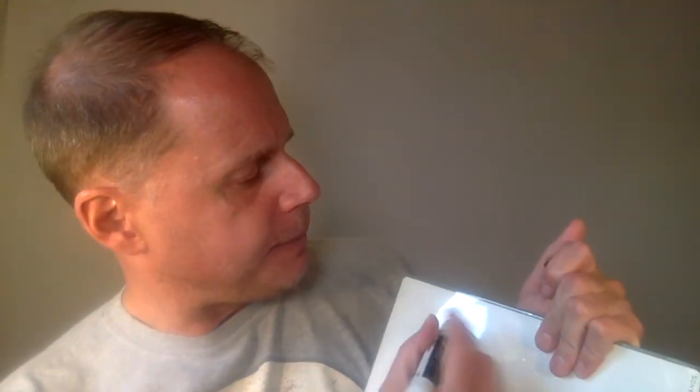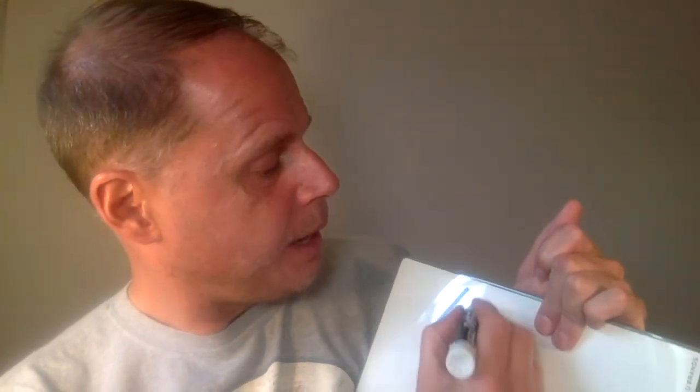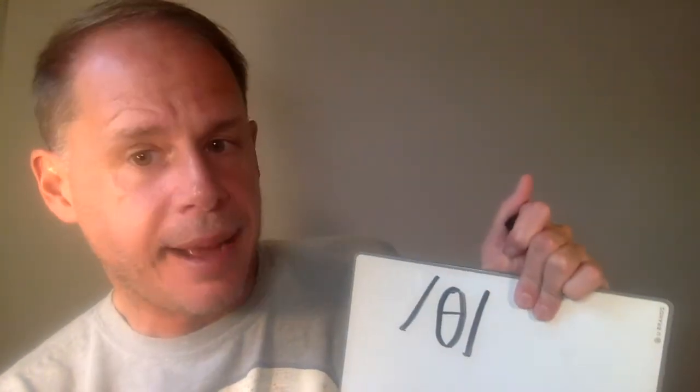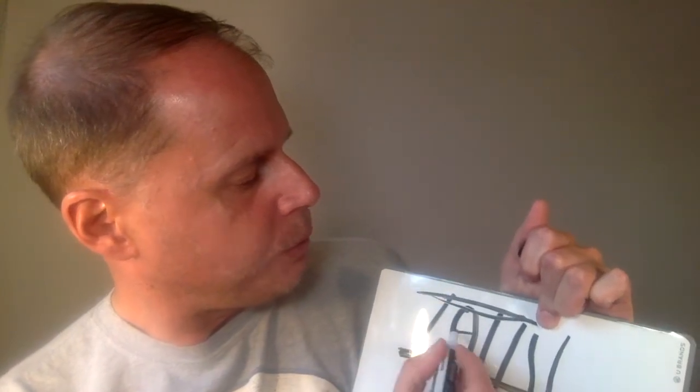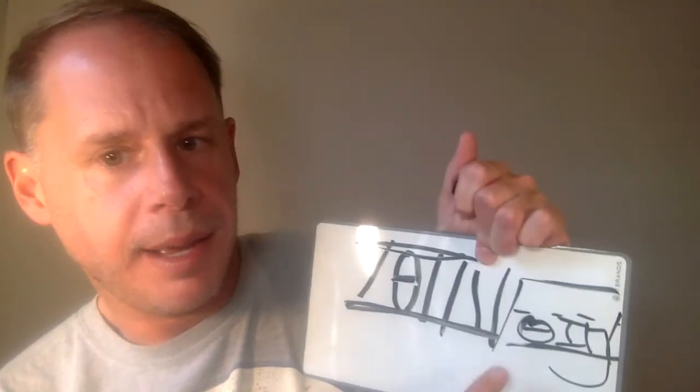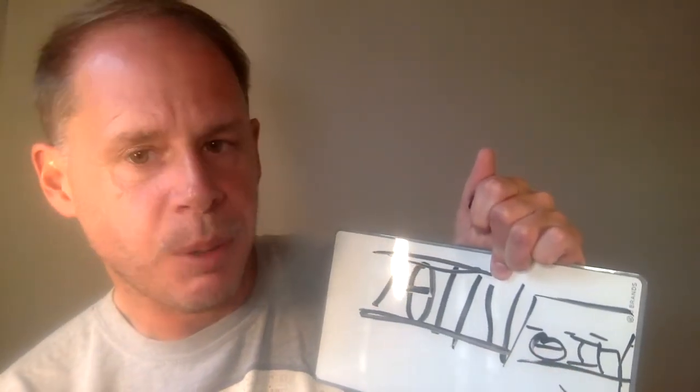Another example is even with theta, and I did mark this wrong this week. I have said that the theta is the same height as a lowercase l. It goes from the top line to the baseline with the line in the middle, okay? Some people are doing it the same height as a lowercase o.